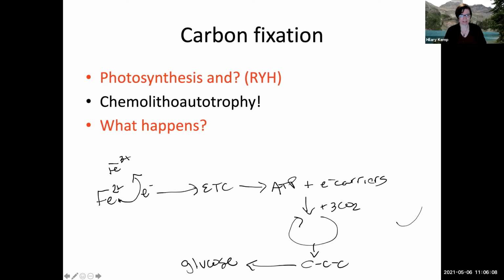Not a lot of things can do this. That electron is fed through an electron transport chain. The energy is used to pump protons, creating a gradient. That gradient is then leveraged to create ATP through ATP synthase. And we get ATP plus some extra electrons plus CO2, and we put together a 3-carbon molecule, which is then 2 of these are smushed together into glucose.